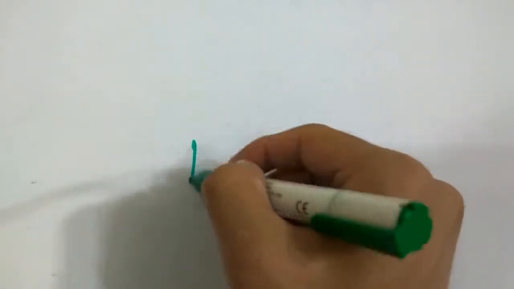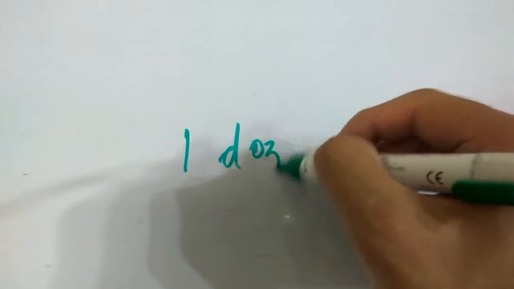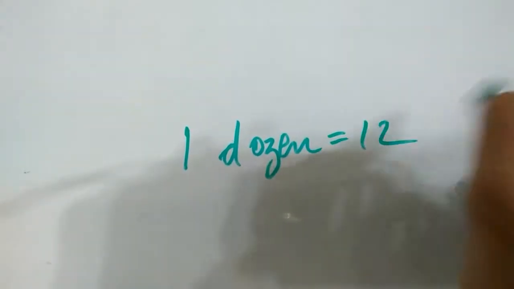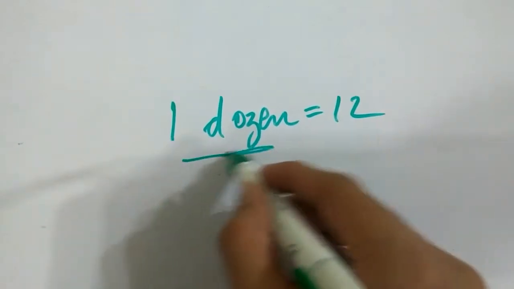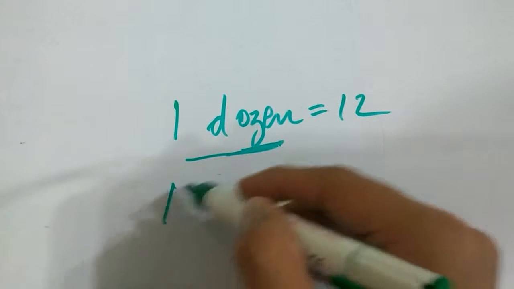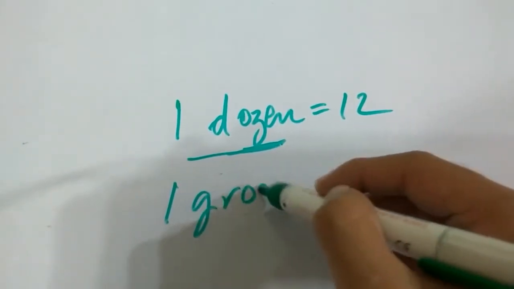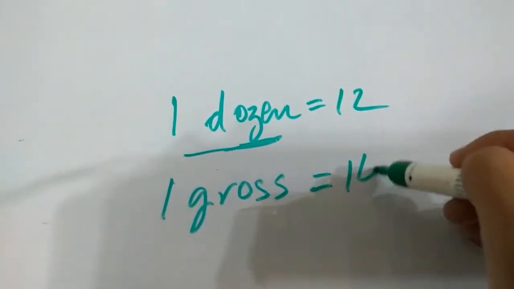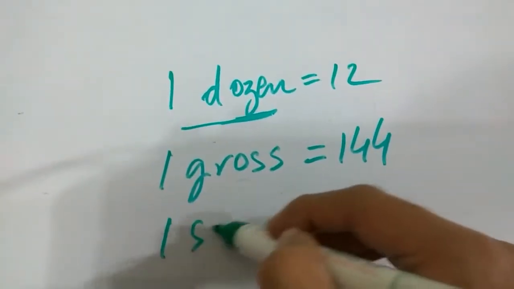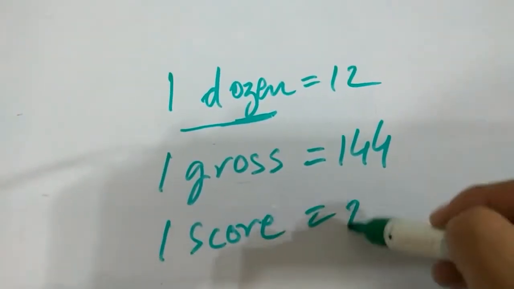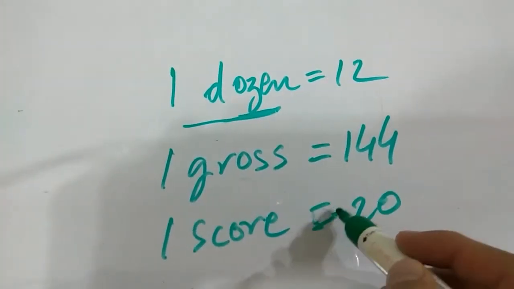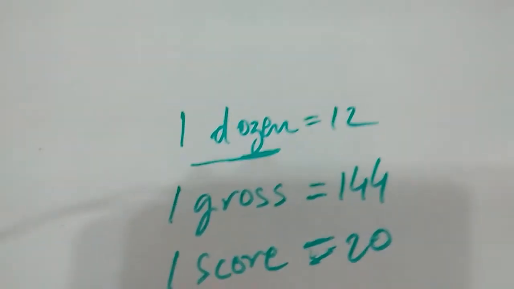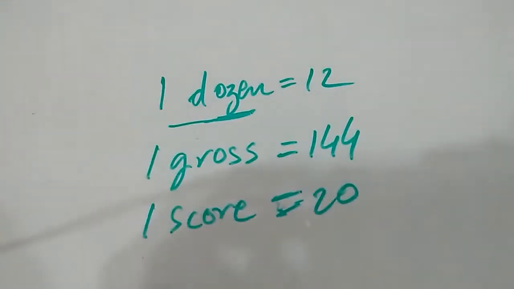We know that 1 dozen equals 12, and this is the most well known, the dozen. The other known are 1 gross equals 144, 1 score equals 20, and these are the ones which are not used often in common talking.